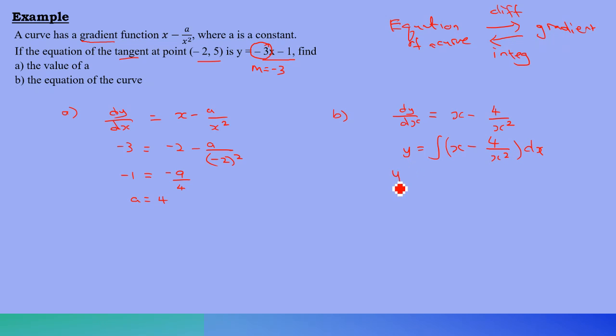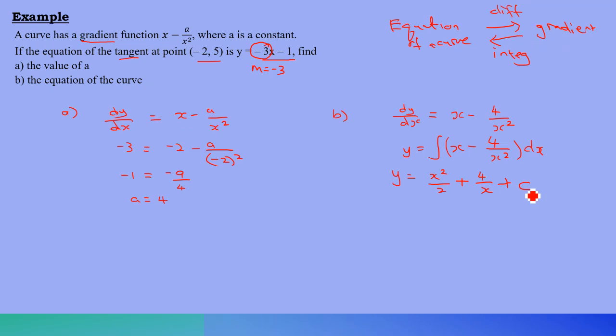So we have x squared over 2. The x to the power of negative 2, when you integrate this, you will get 4 over x. I'm just skipping the step; I hope you know how to do it. And don't forget, the c is very important. Although there are times c can be 0, don't skip writing this.